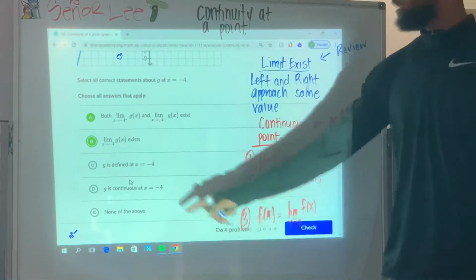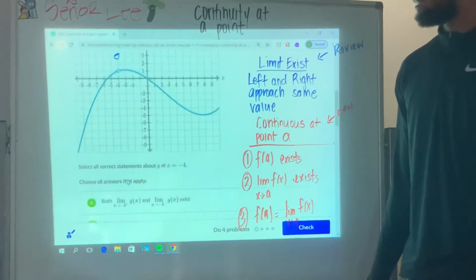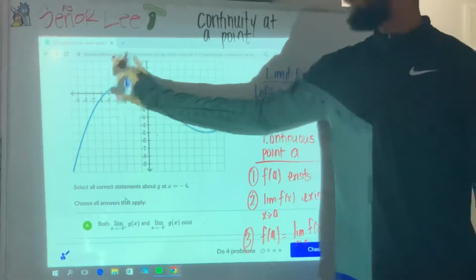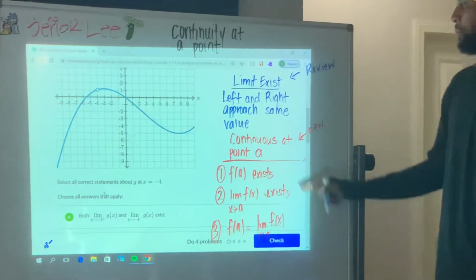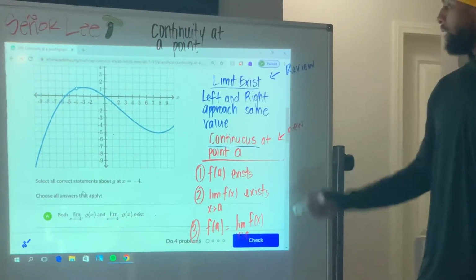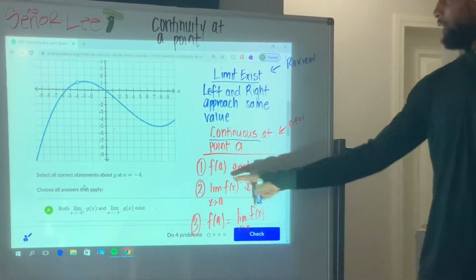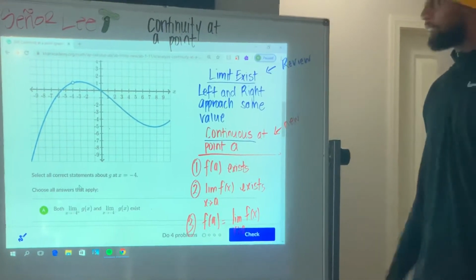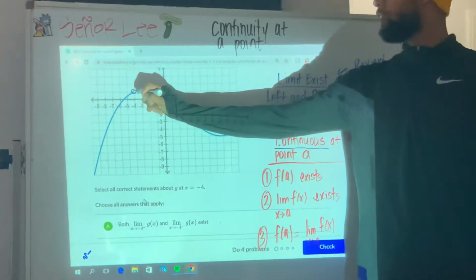Now D: g is continuous at x equals -4. Let's bring it all together. Is it continuous? If I can bring your attention right here to continuity, you want to figure out if it's continuous at -4. Then f of a exists. We plugged in -4, it was a hole.